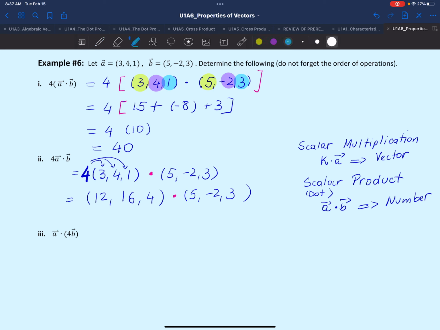Again, same idea, same drill. We multiply x with x, y with y, z with z, and we add them all together. So 12 times 5, that's 60. And then we add 16 times negative 2, that's negative 32.